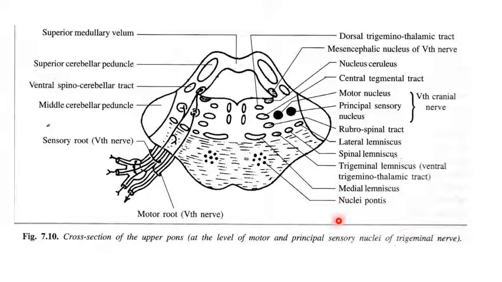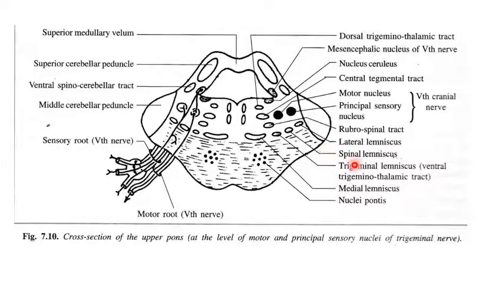In the medulla oblongata and up to the second cervical vertebra, there is the spinal nucleus. Then in the caudal part of the pons, there is the principal sensory nucleus, and in the midbrain there is the mesencephalic nucleus.